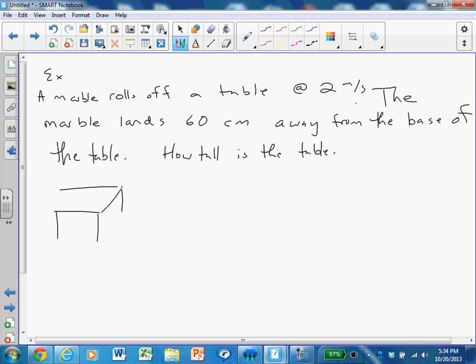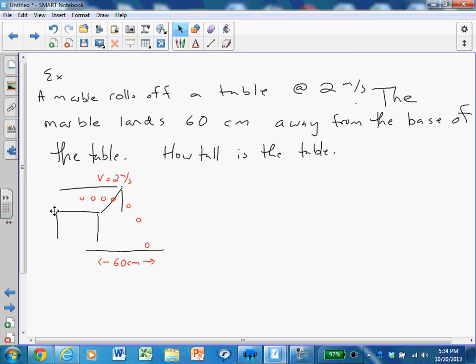We have our marble rolling off the table, and hitting the floor below. It lands 60 centimeters away from the edge of the table, and it was rolling at V equals 2 meters per second.